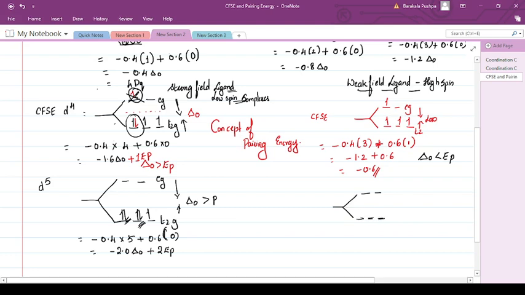There are 5 electrons, 1, 2, 3. The magnitude of splitting is less than the pairing energy. So the electron will jump into the higher levels. So in this case, the CFSE is equal to minus 0.4 into 3 plus 0.6 into 2, that is equal to minus 1.2 plus 1.2, that is equal to 0. That is equal to 0 here.